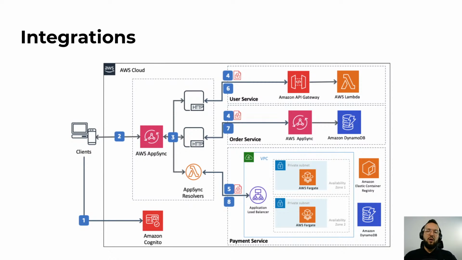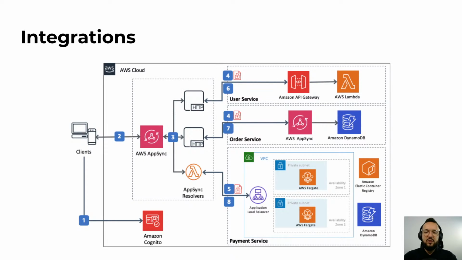And speaking about the integrations, here is a great example of how you can use AWS AppSync as a centralized point in your architecture. Your clients are first authenticating via Amazon Cognito, then after they receive the tokens after authentication, they can access AppSync. And then AppSync is basically a gateway for all those services. It can integrate with HTTP webhooks, and it can have AWS Lambda resolvers.